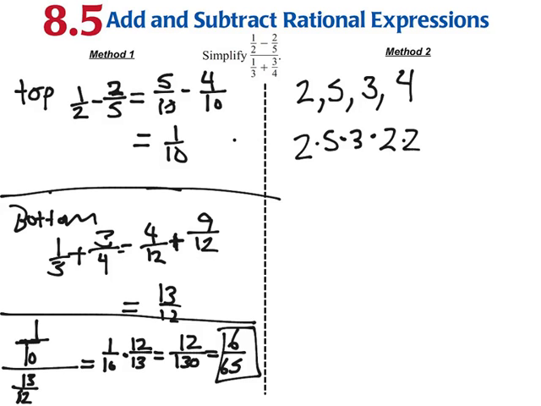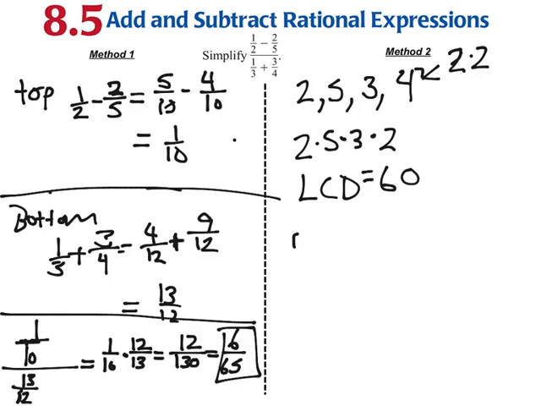Not 2 times 2 times 2. Essentially, it'd be 2 2's, because that's the most. We get 2 2's from this one, and so the most 2's we can take are 2 2's. So 2 times 2 is 4, times 15 is 60. So my least common denominator is 60.